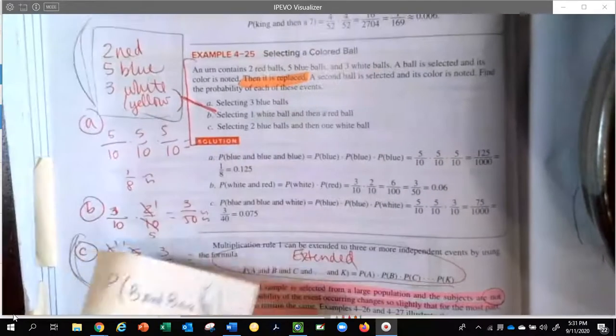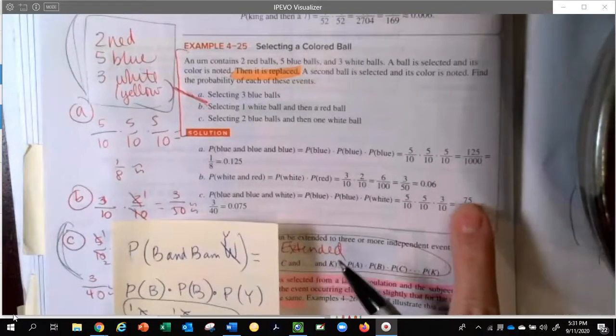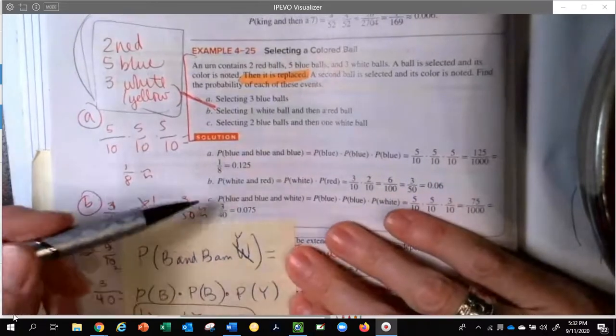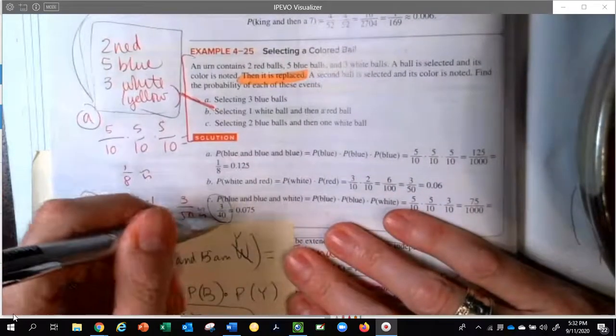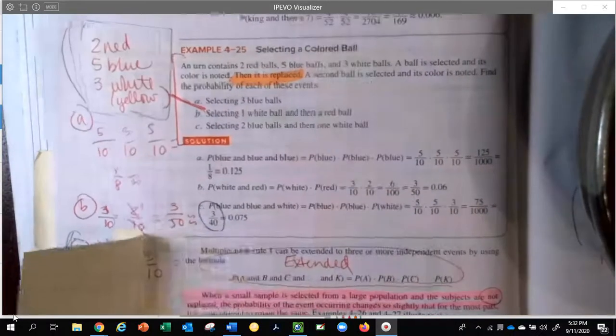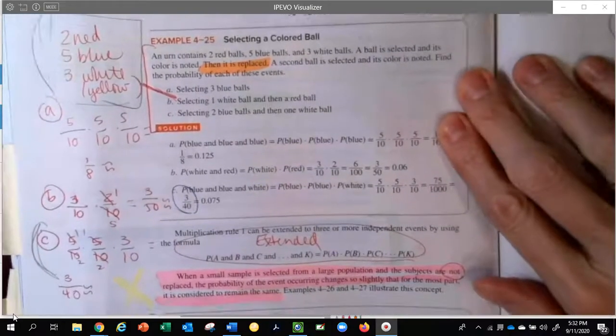And if you'll notice what the book did, the book went ahead and multiplied straight across and got 75 over 1,000. I don't want to do it that way. I like going straight for this where I got 3/40ths, and if they want me to convert to a decimal, I can.